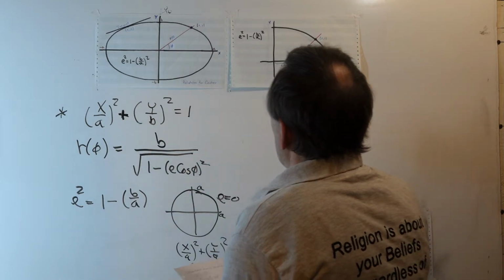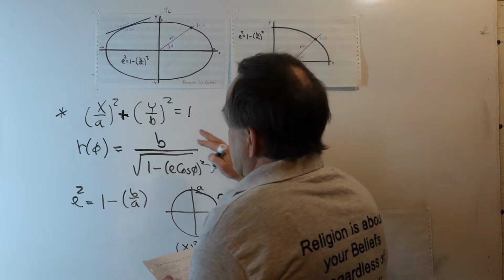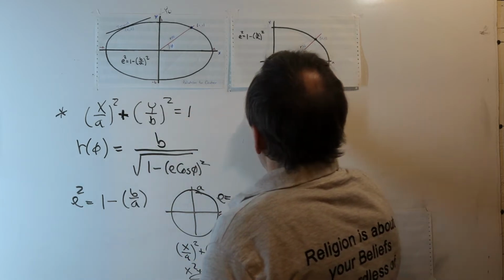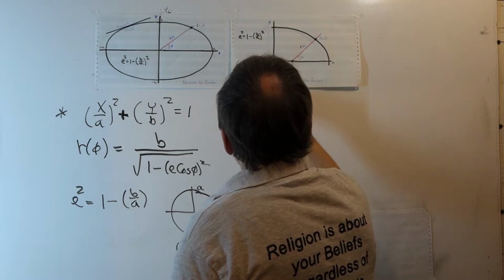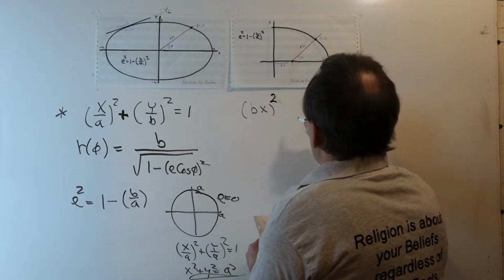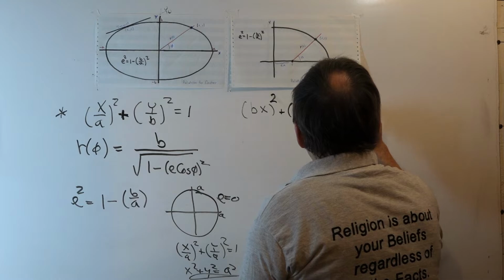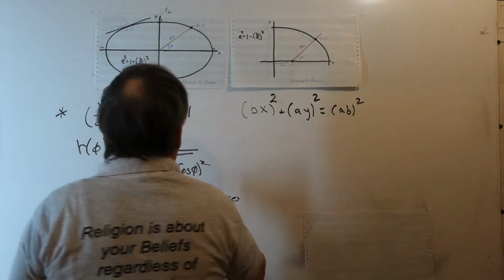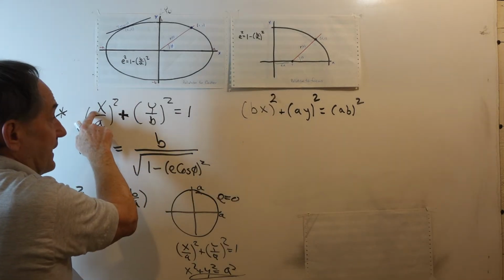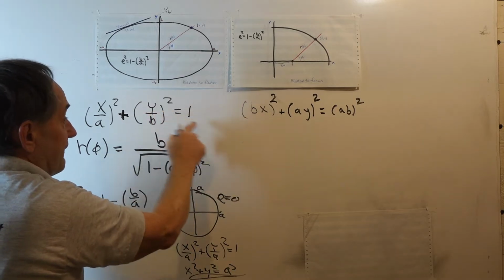So if we multiply through by a b squared, we have b times x squared plus a times y squared equals a b squared. I've multiplied through by a b squared. If we have a b squared, the a squareds cancel, we end up with b squared. Same thing here, a b squared, the b squareds cancel, we have a squared.